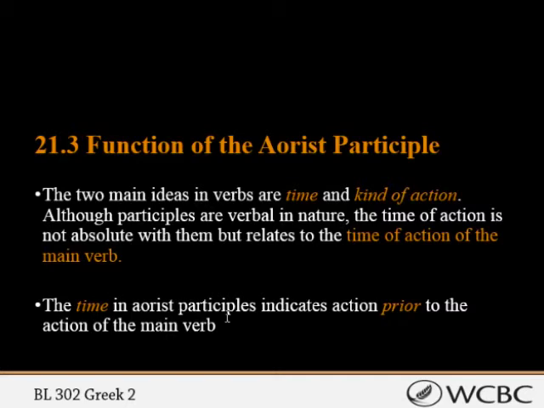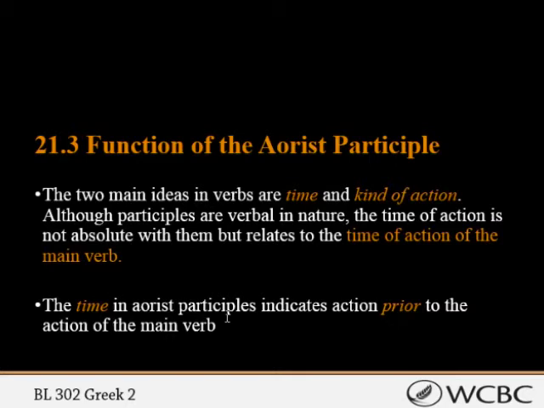So I was loosing, or I am loosing, versus a simple or punctiliar type of action, where we would say I loosed, or I loose, two ways of identifying that punctiliar action, just simple action.